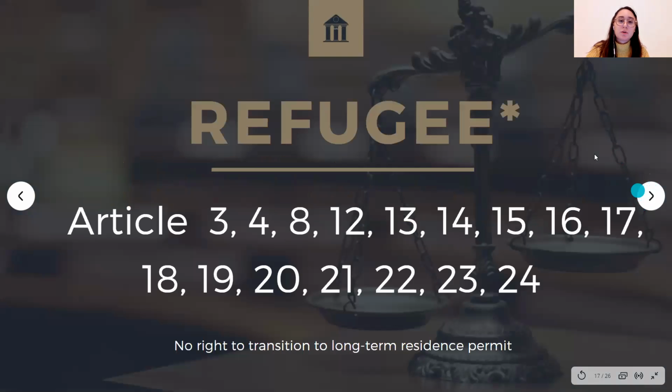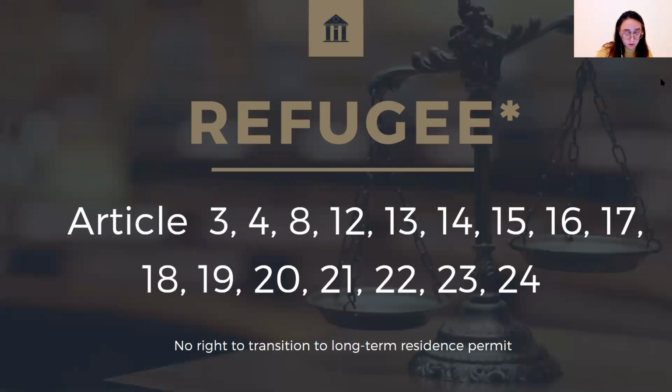Now let me go through the rights. For the refugee, they basically have lots of rights compared to the others. Refugees have freedom of religion, freedom of marriage, the right to housing, the right to work, the right to open a business, social security, education, social insurance, and the right to be a party in the courts.